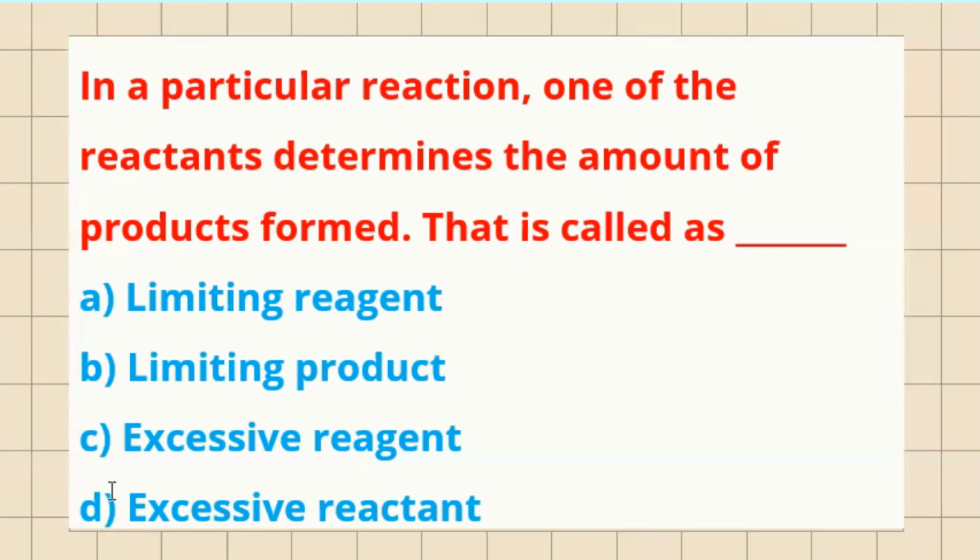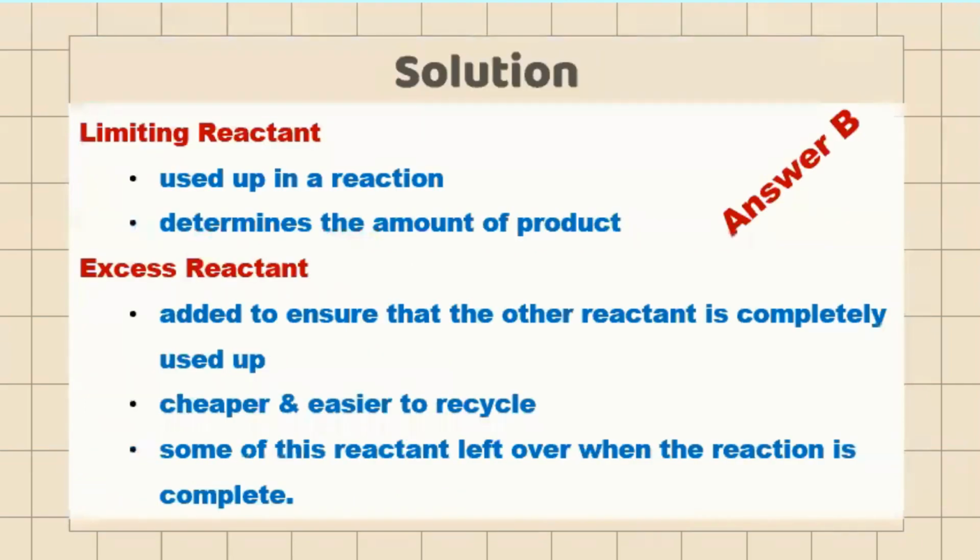C and D are the same: excessive reagent means excessive reactant, it is similar. Therefore the answer must be the limiting reagent or limiting reactant. Okay, let's see the solution. Limiting reactant is used up in a reaction, consumed in a chemical reaction, and determines the amount of the product.